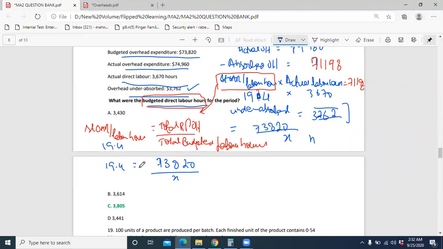It's going to be 19.4 times X equals 73820. If it's dividing, it's going to be multiplied on the other side. Now I can solve the X. It's multiplying, so take it to the other side. It's going to be divided by this value, and you're going to get your budgeted labor hours.